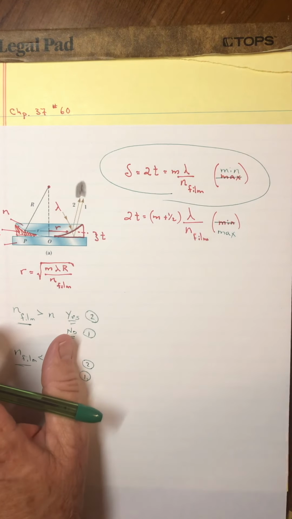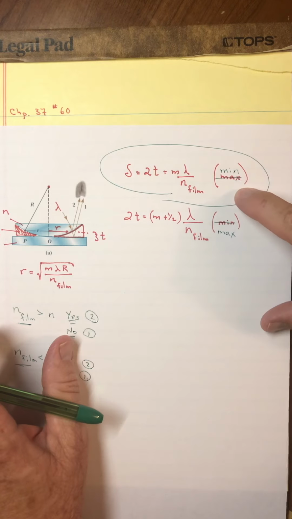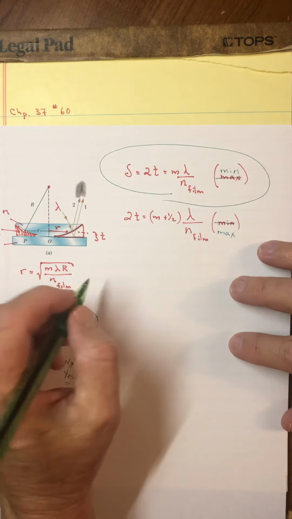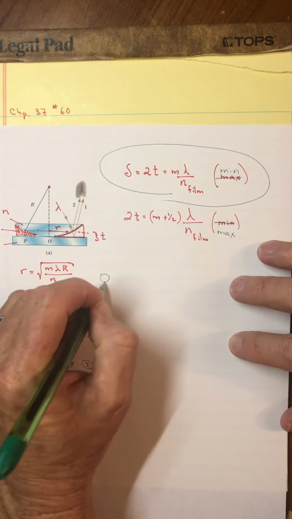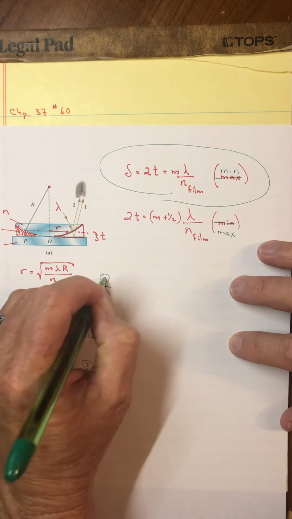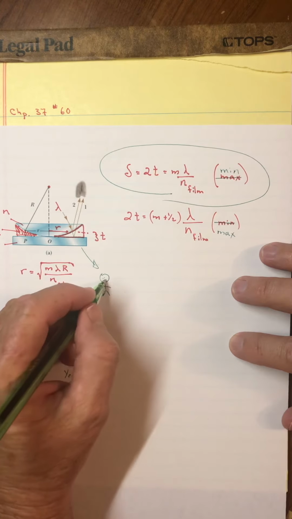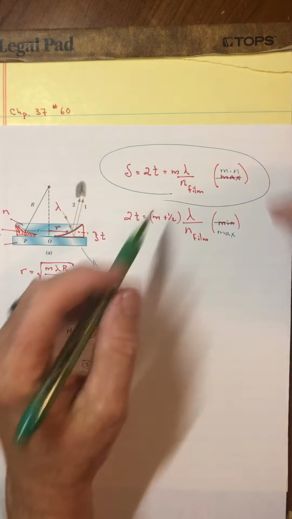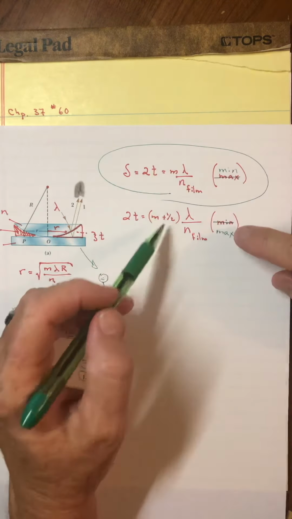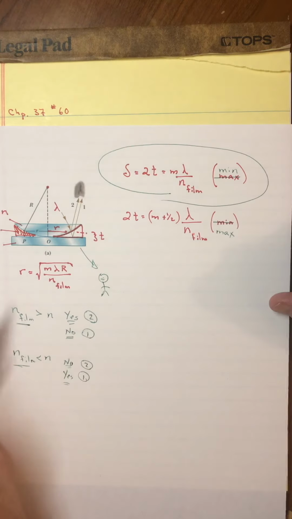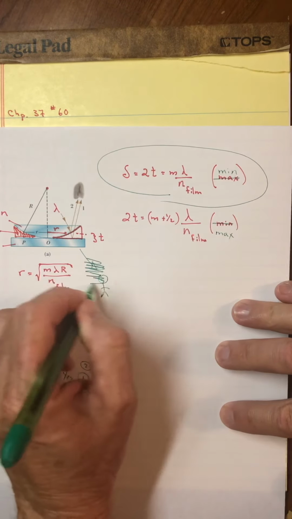These are minimums. And by the way, these are minimums on reflection. If this had been a problem with somebody looking from the underneath side, then we'd be looking at the transmitted light. And then these would switch roles. And so the equation for the transmitted light would switch roles. But that's not necessary for this problem.